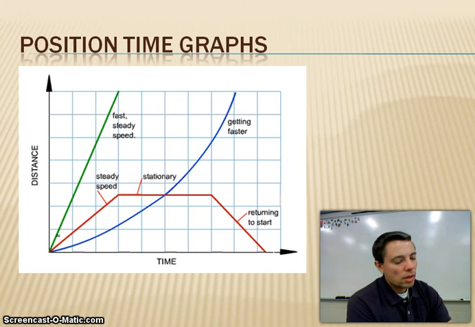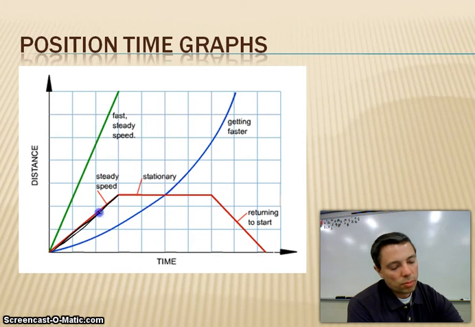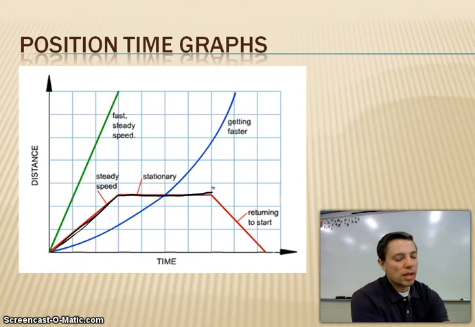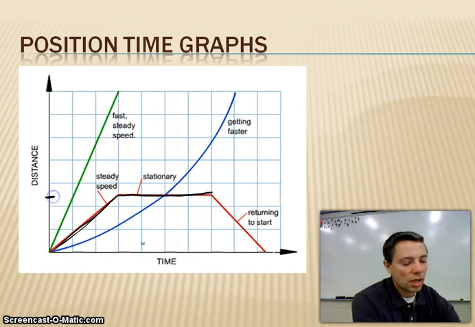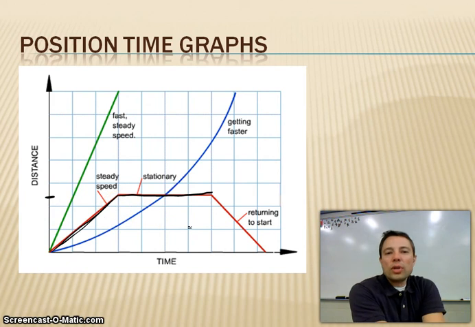You can see here that we had a steady slope, so it looks like a steady speed, but then all of a sudden we got to a point where we have a flat spot in our graph. Now the flat spot tells me that I'm not changing my position any, but time still ticks on. So really, what am I doing at that point in time?